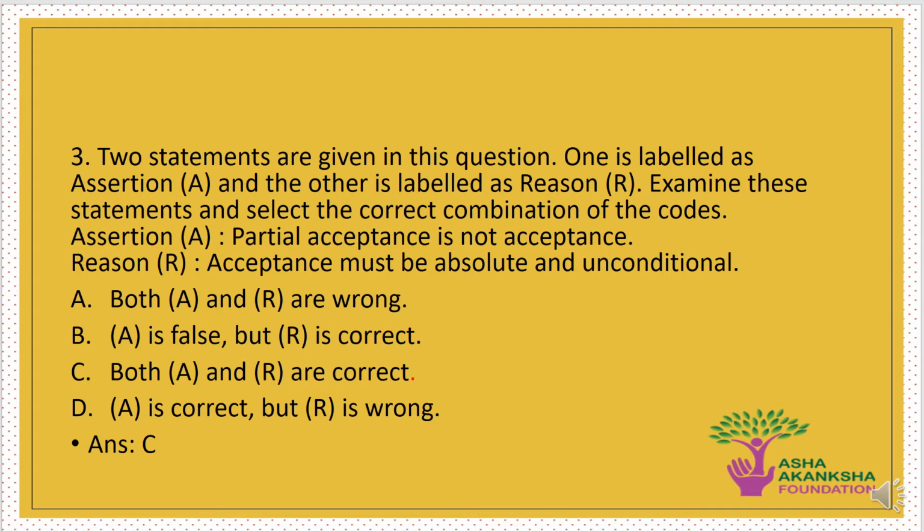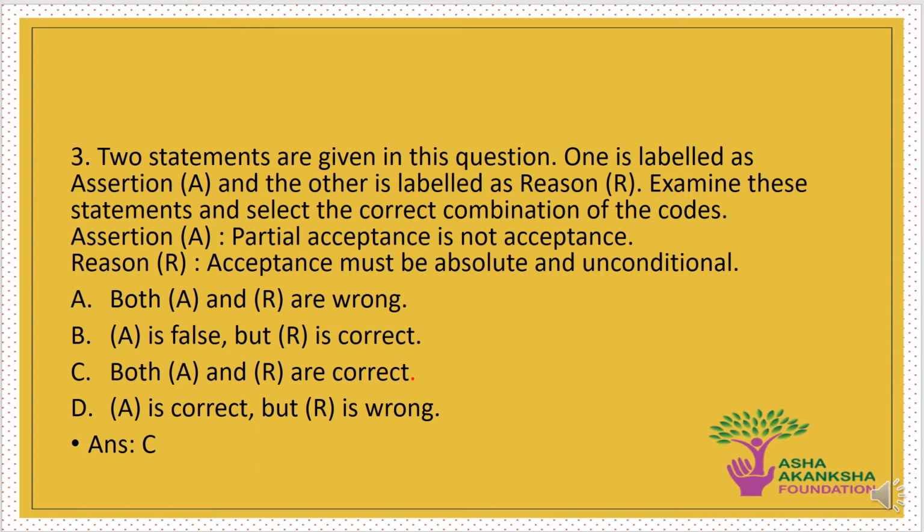The next question is, two statements are given in this question. One is labeled as assertion and the other is labeled as reason. Examine these statements and select the correct combination of codes. The assertion is partial acceptance is not acceptance. The reason to the assertion is acceptance must be absolute and unconditional.